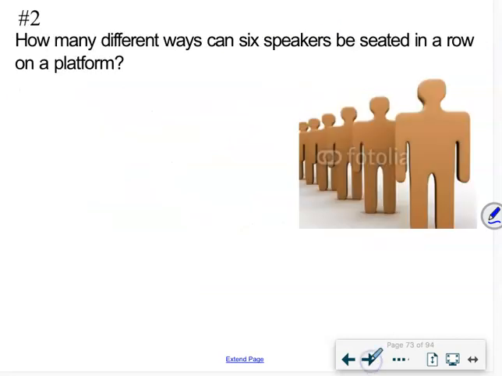That's number 1. Second one, how many different ways can 6 speakers be seated in a row on a platform? So 6 is our number this time. We're putting them in different orders, which means order matters. So since order matters, it's either going to be a permutation problem or a factorial.